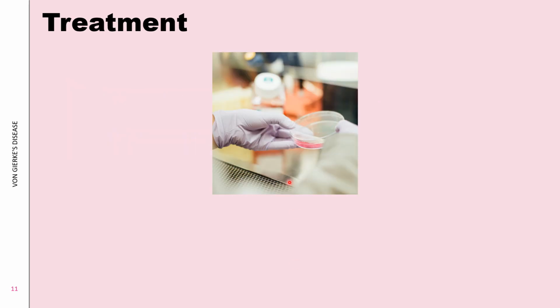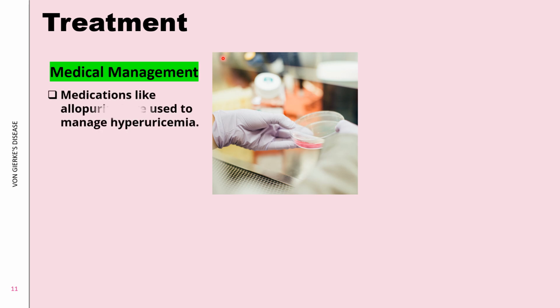Coming to the treatment part, so how is von Gierke's disease treated? There is no definitive treatment for this disorder. We will discuss the various modalities like medical management. Medical management is basically aimed at symptomatic relief.